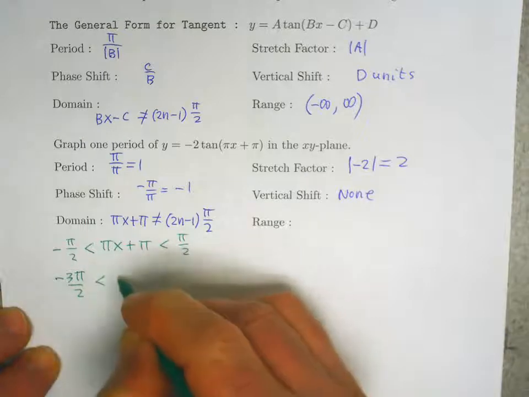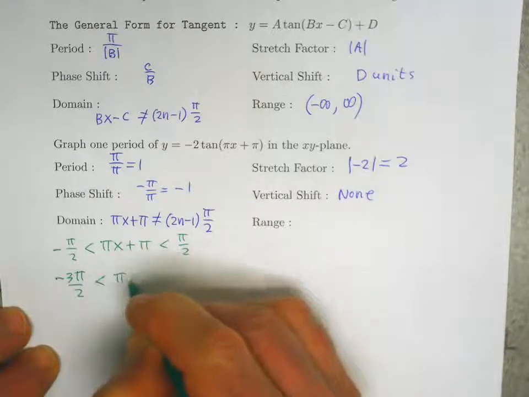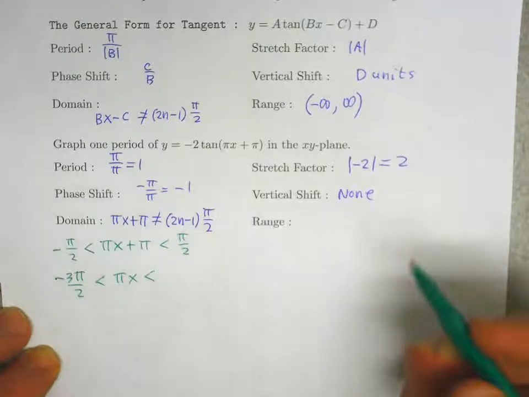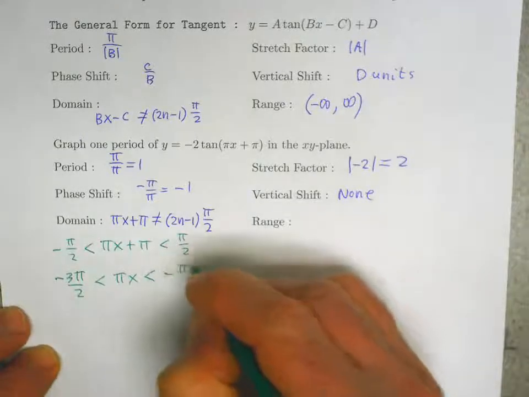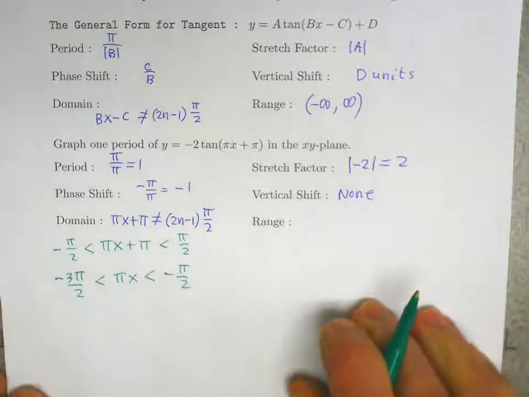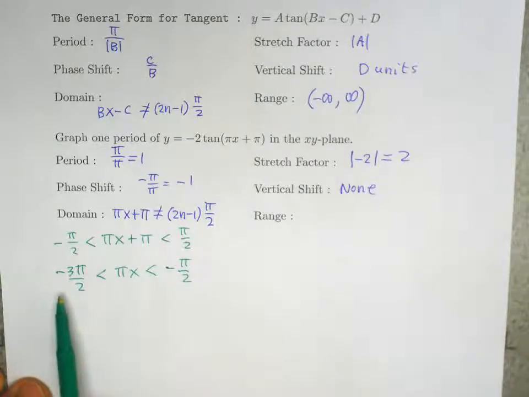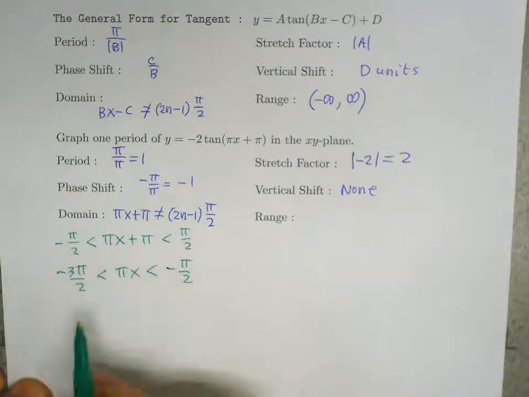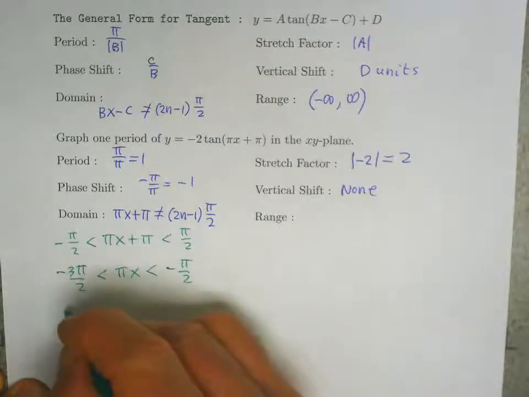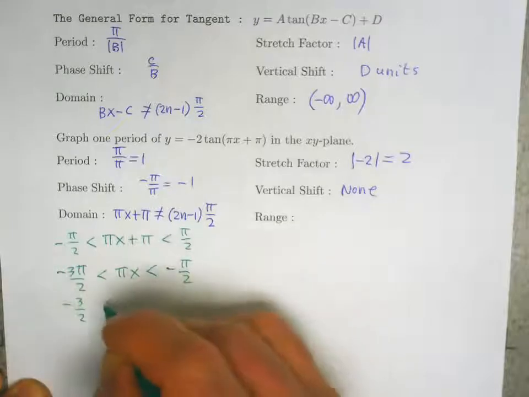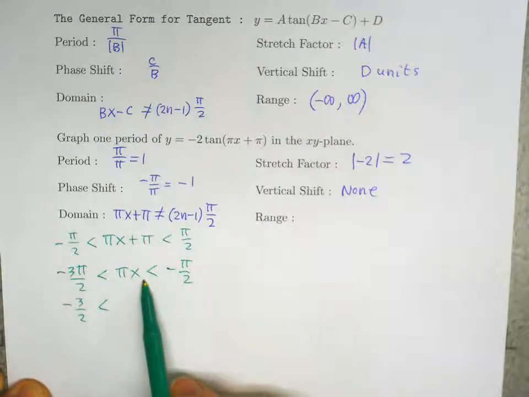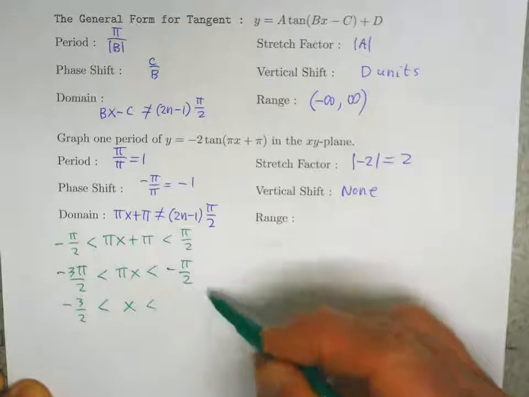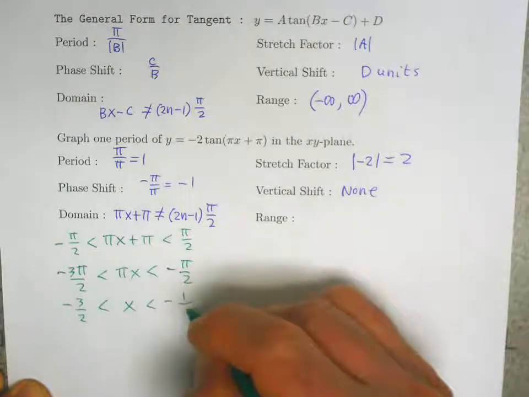That's less than pi times x. And then on the right-hand side, pi over 2 minus pi is -pi over 2. And then when we divide each of the 3 parts by pi, -3 pi over 2 divided by pi is -3/2. Pi x divided by pi is x. And -pi over 2 divided by pi is -1/2.